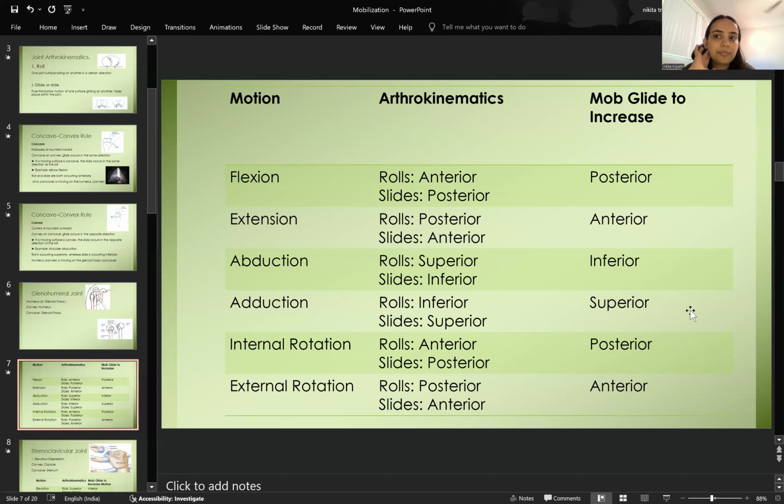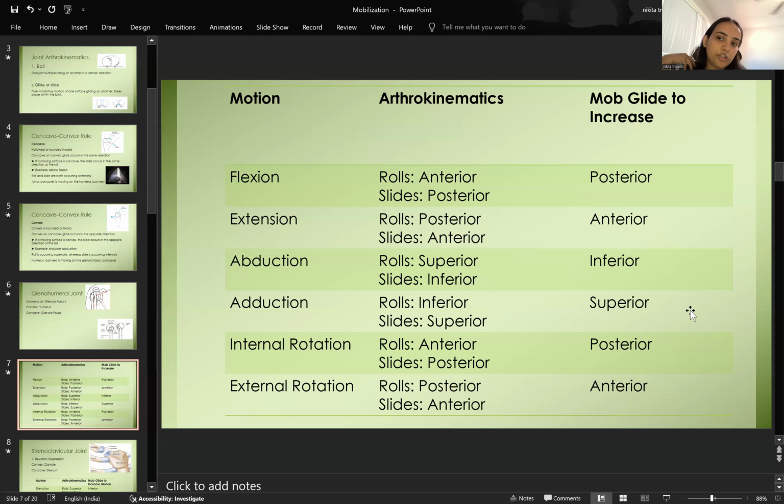So you have three steps you need to remember, to think in your mind which glide I should give to the patient to increase their range of motion. First, move your arm and think which direction your arm is moving, whether anterior, posterior, superior, or inferior. Then second step, think about which joint is moving.